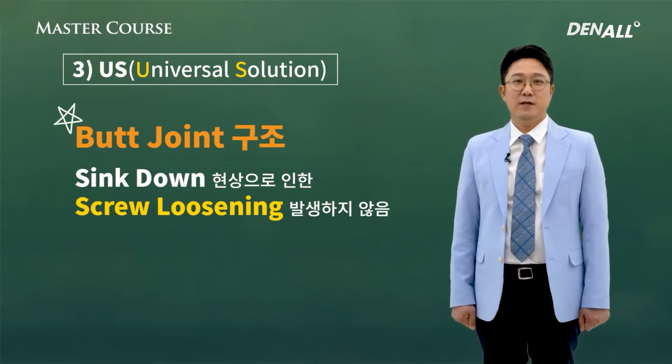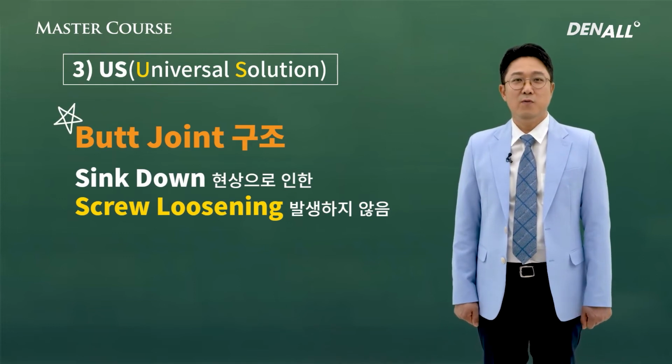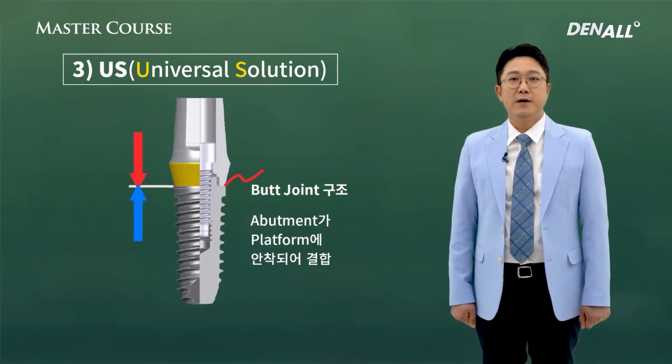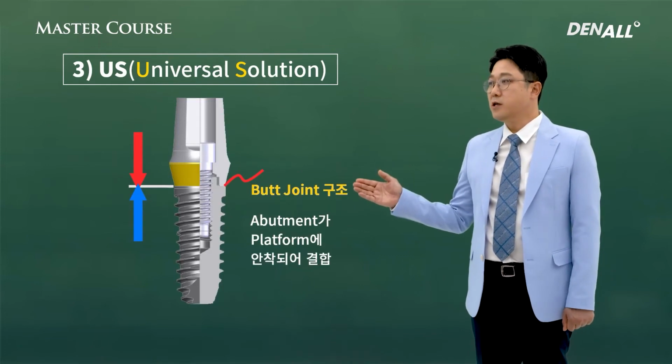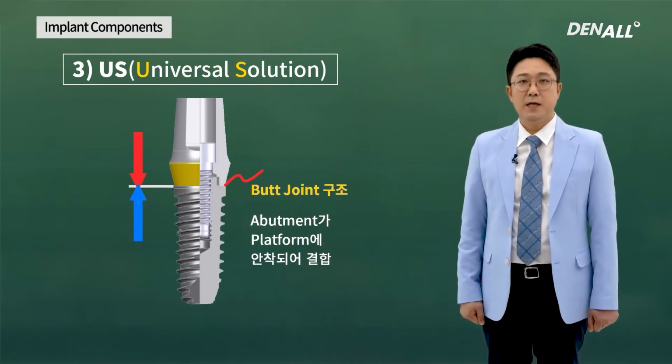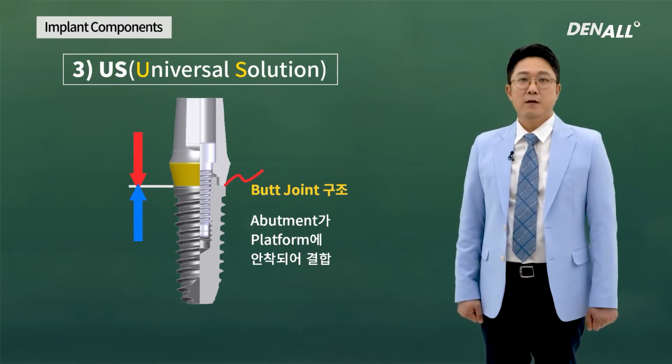I'm sure you don't really understand at this point, but if you listen to the offline master course and prosthodontic courses, you'll be able to get a better understanding. A fixture and abutment is connected as butt joint structure, so abutment is not vertically impacted.